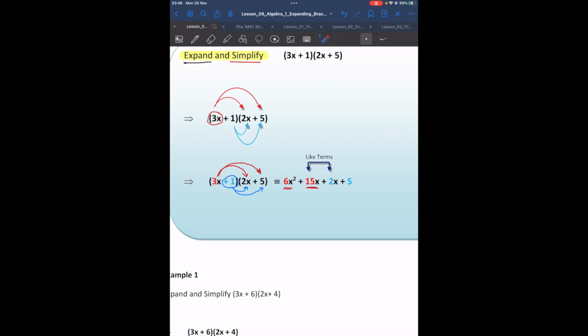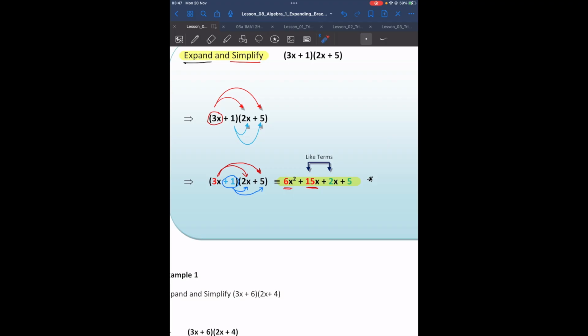So what you'll notice is that I still have everything on one line. Keep everything on one line and try not to do it on two separate lines. So what we end up with here is the expanded expression. We have 6x squared plus 15x plus 2x plus 5.